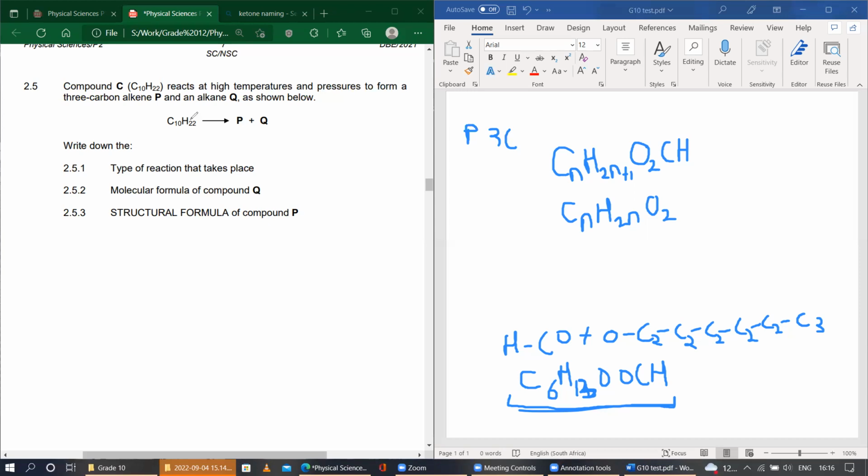Yes, sir. So since P is an alkene, we know that the formula for alkene is CnH2n. So it's gonna have a double bond here. It's gonna have a carbon and one here. So we're gonna have this. Yeah. Let me just draw this out.